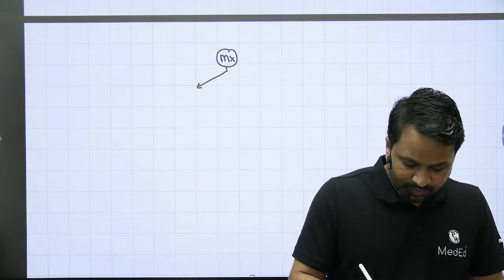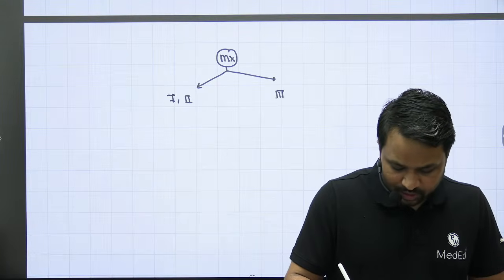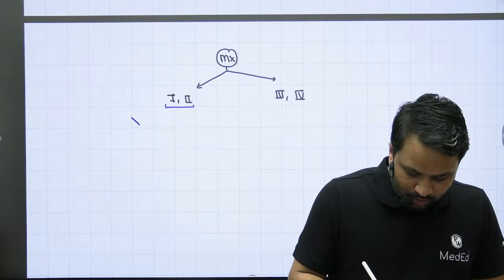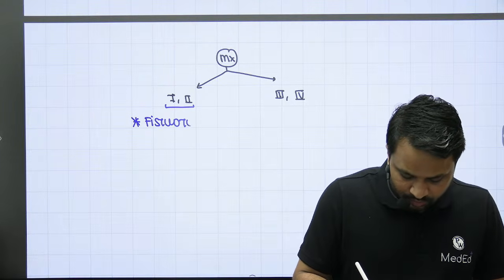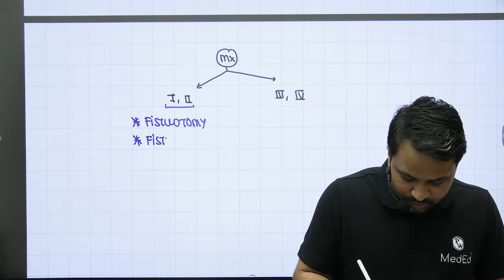Is it the type 1 variety or the type 2 variety, or do you have the type 3 or type 4 variety? For a type 1 or type 2 variety, you can go ahead with fistulotomy to open up the tract. You can also go ahead with fistulectomy.